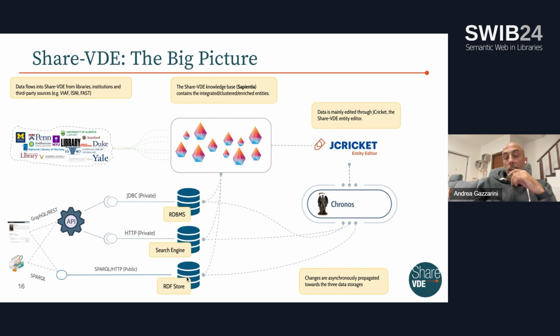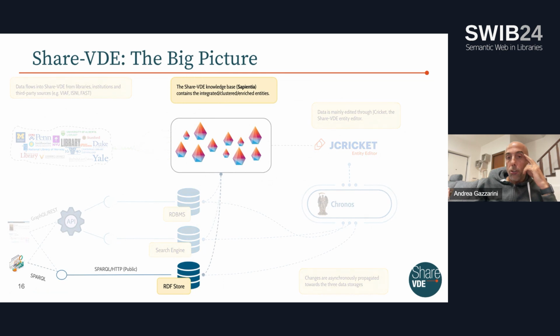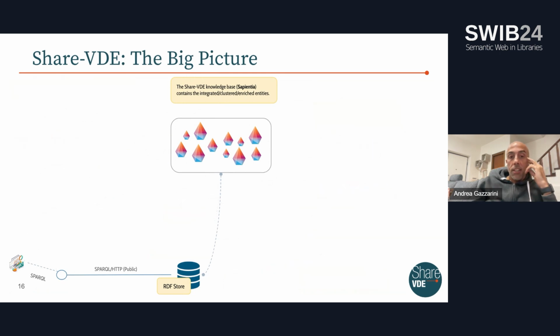The third one, the RDF store, is what provides the RDF API, we say. So URI referencing, and the SPARQL interface over HTTP, of course. In this talk, we are focusing on this part.